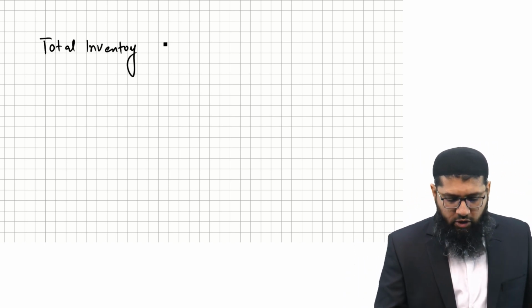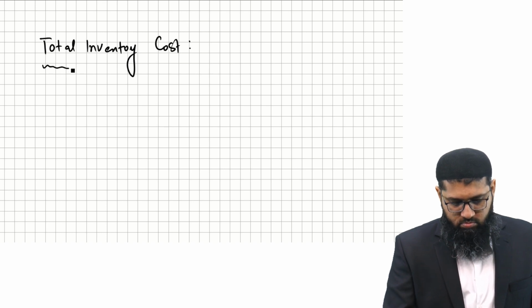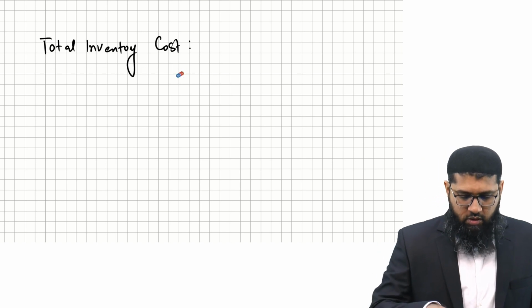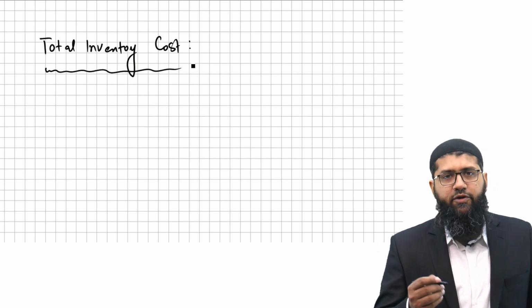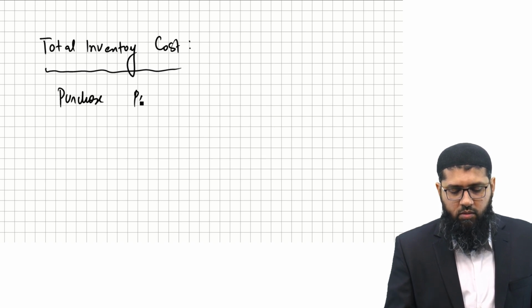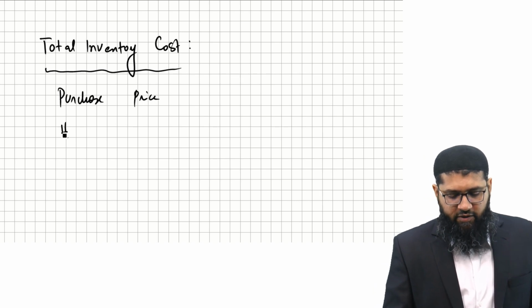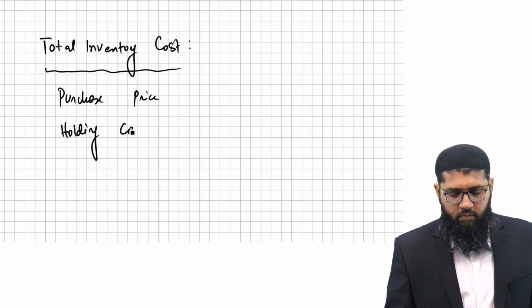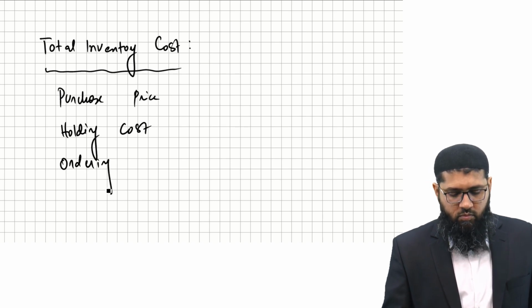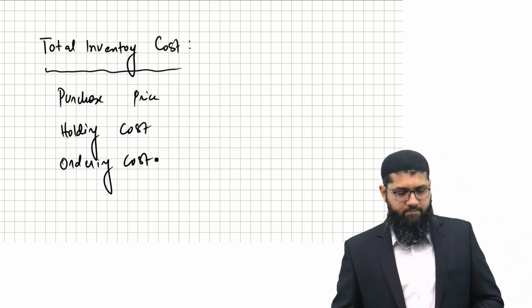The total inventory cost has 3 components. One of them is called purchase price. The second is holding cost. And the third is the ordering cost.